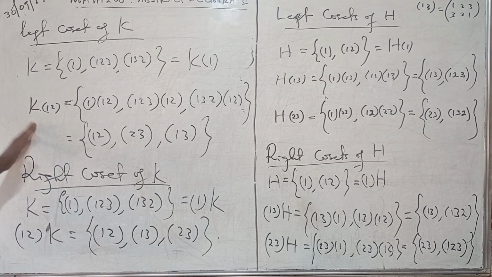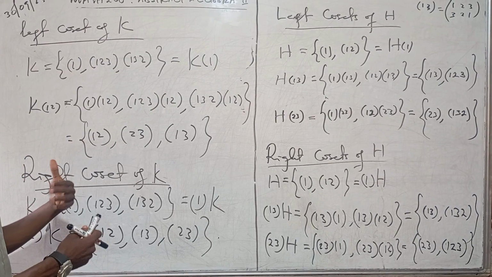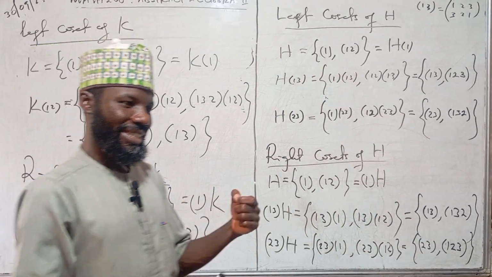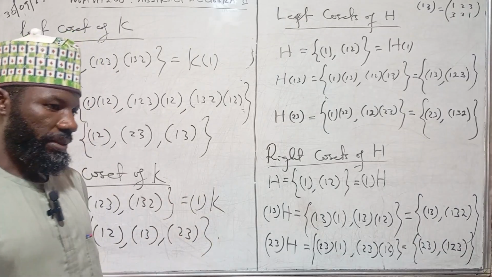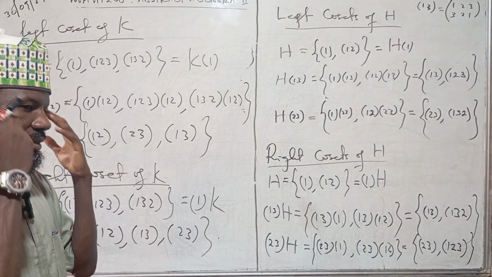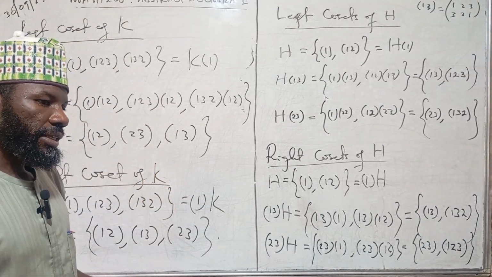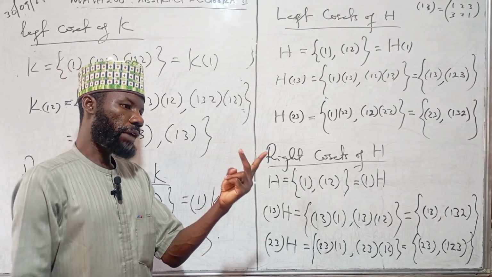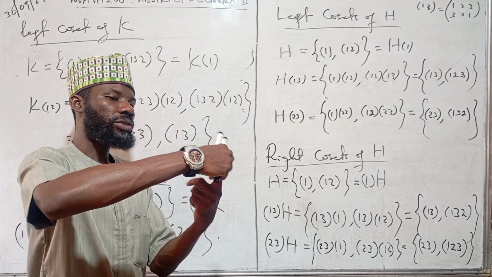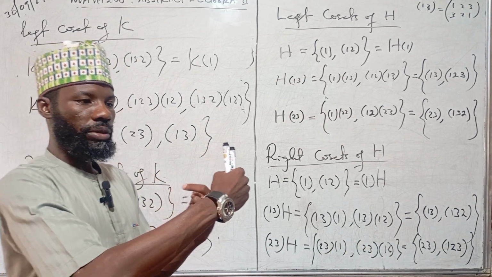We will see later on that in all situations, if the index of the subgroup is 2, this will always happen, and you can immediately see it. Because if the index is 2, then it means you have 2 left cosets, but the subgroup is already one of the 2 left cosets.